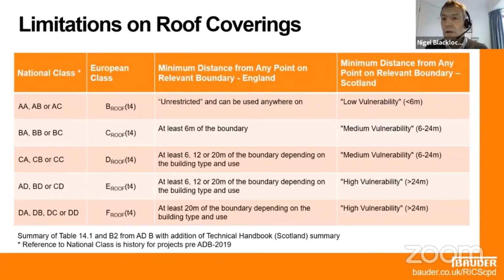Now, just to give an overview of what normal practice has been for many, many years for flat roofing, in relation to where boundaries are, which is the requirement of B4. For flat roofing manufacturers, we always look to achieve B roof T4, or in old money an AC rating.